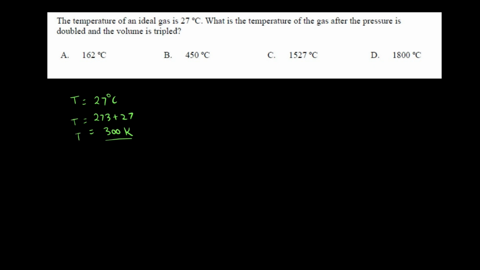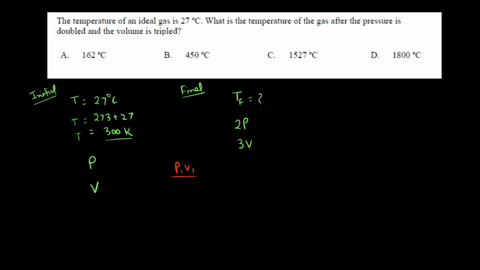So let's say the pressure is P and the volume is V. This is my initial condition. And in the final condition, we need to find the temperature TF. Pressure is doubled, so pressure becomes 2P, volume becomes 3V, right? So we can just apply the combined gas law.